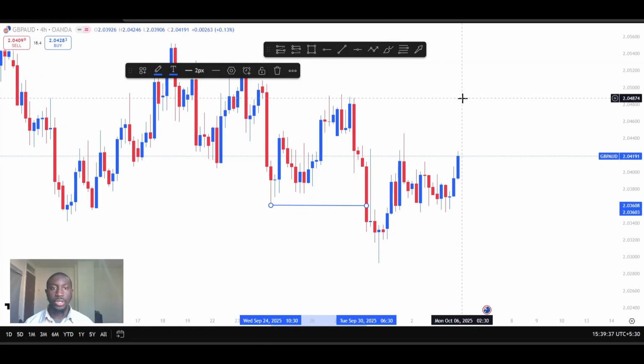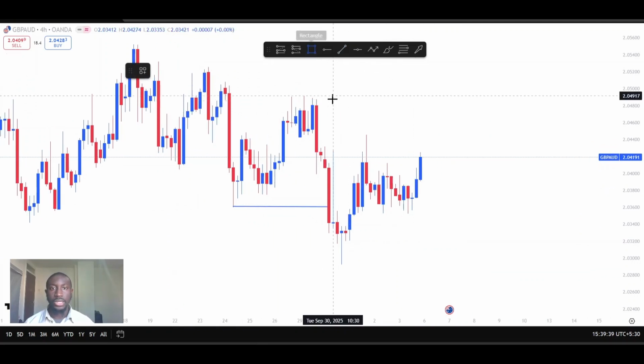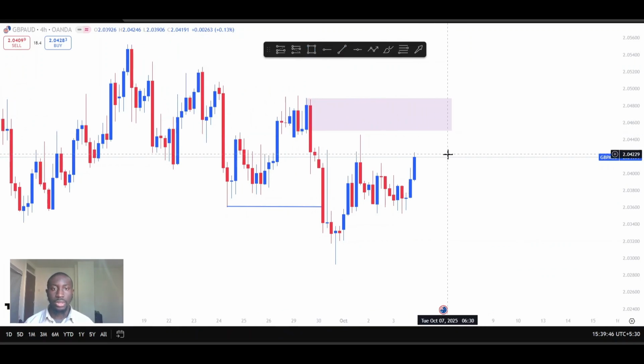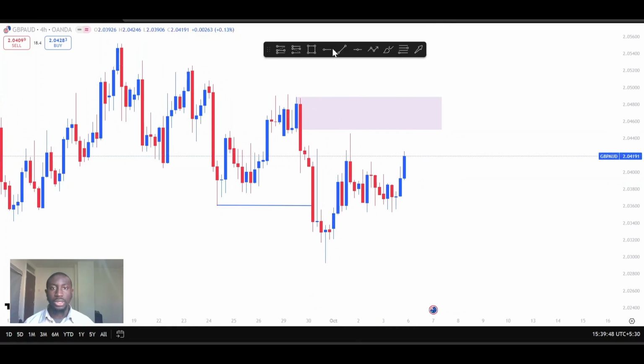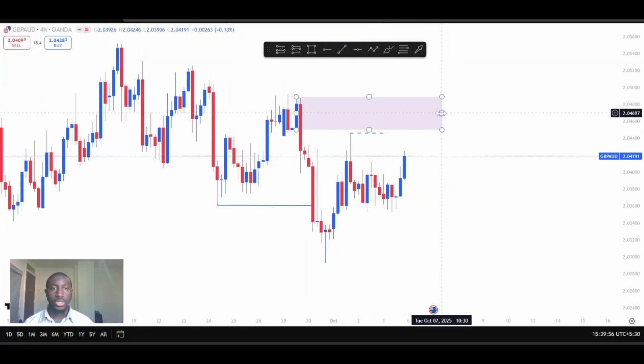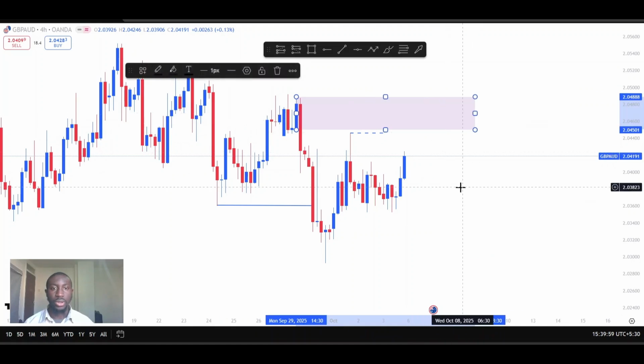There was a break of structure from here. This is the area that we're watching out for. Now leaving inducement. This is inducement. So we're expecting price to get to this area before we're going to short.